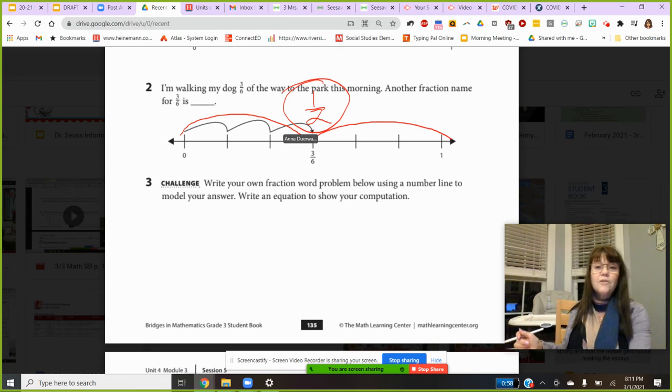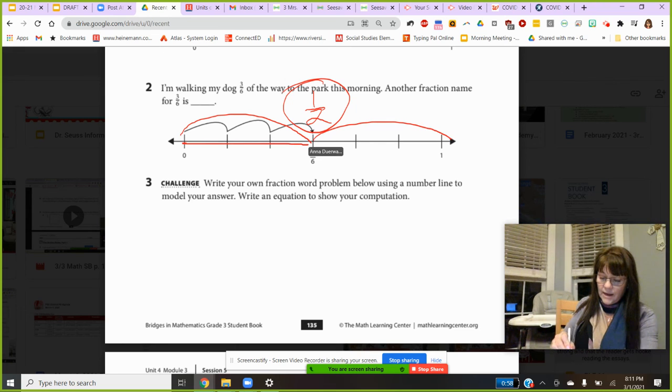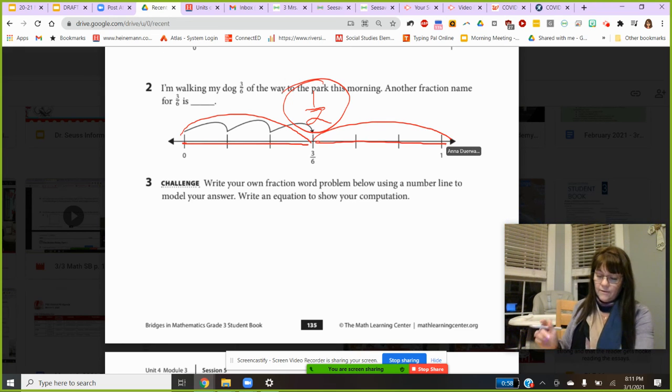And you could just literally draw those jumps like that because this is half and that is half. Because it's 1, 2, 3 sections, 1, 2, 3 sections on each side of this line here.